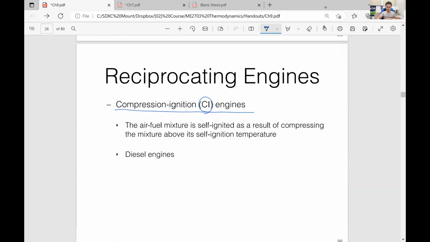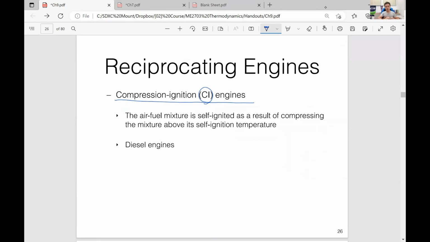In the compression ignition engine, we know that when you want to burn the air-fuel mixture, one way is using the spark plug. The other way is to compress the system: when you compress the substance in the system, the pressure increases and the temperature increases.